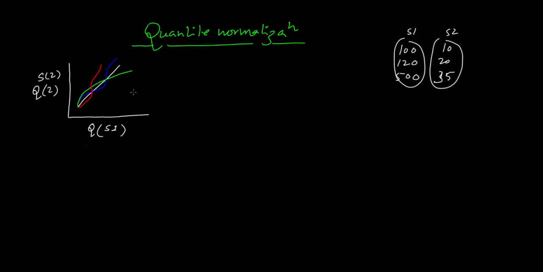This is also used to identify whether your data follows a normal distribution or not. By the way, gene expression data are not normal distribution, they are log normal. So let's say this is your query sample.